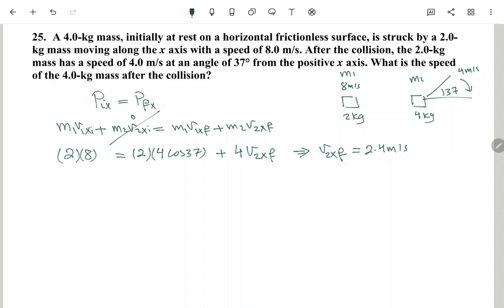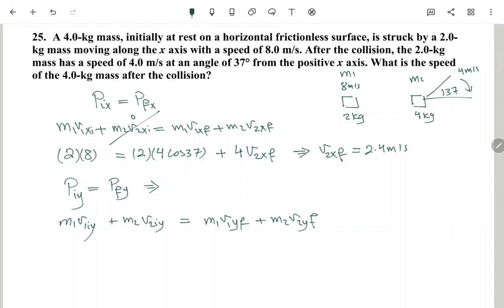Now from the y component of the momentum, p initial y equals p final y, then m1 v1 initial y plus m2 v2 initial y equal to m1 v1 y final plus m2 v2 y final.